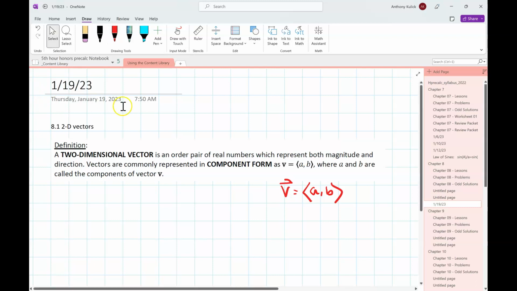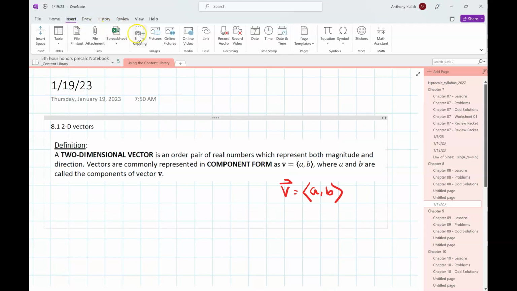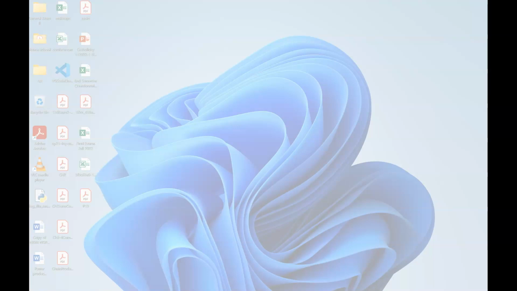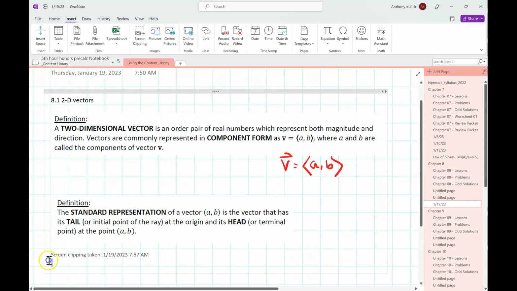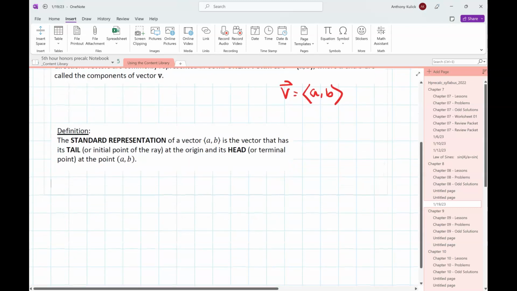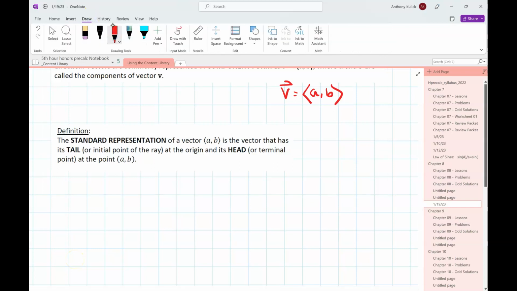If we wanted to, another common way we'd represent a vector would be by drawing a picture of it. We call this the standard representation of a vector. So if I take one of these component forms, let's do that.